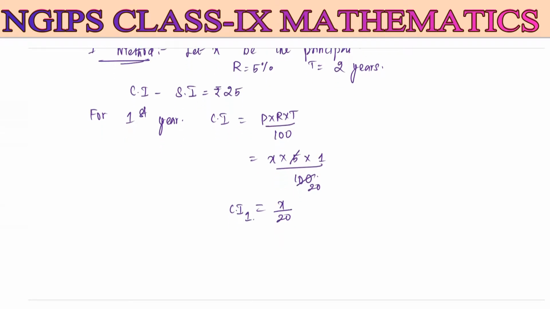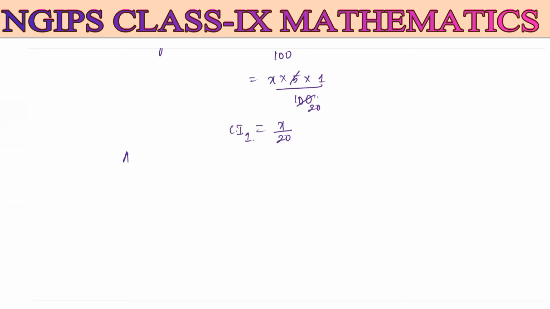Next we are going to calculate the amount. Amount is equal to first year principal plus first year compound interest. Here the first year principal is X, the first year compound interest is X by 20. If you add both, we get 21x divided by 20. So this is the amount for the first year.